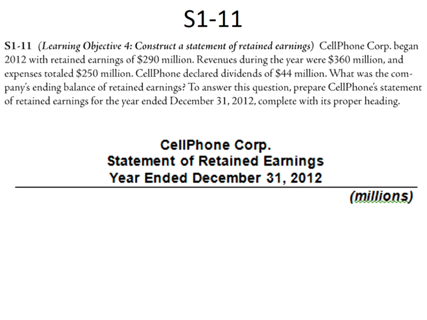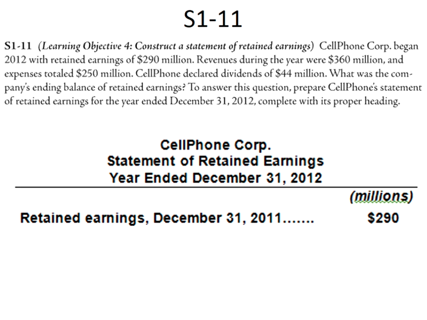Okay, so we have the name of the company first, the name of the statement next, and then the date. Again, the statement of retained earnings is for a period of time, so this is for the year ended. Again, we're doing millions. The first line of this statement is the beginning retained earnings.